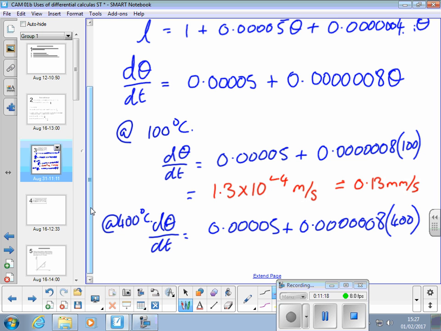And this one comes out at 3.7, I think, times 10 to the minus 4 meters per second, which is 0.37. That's expanding at some heck of a rate.